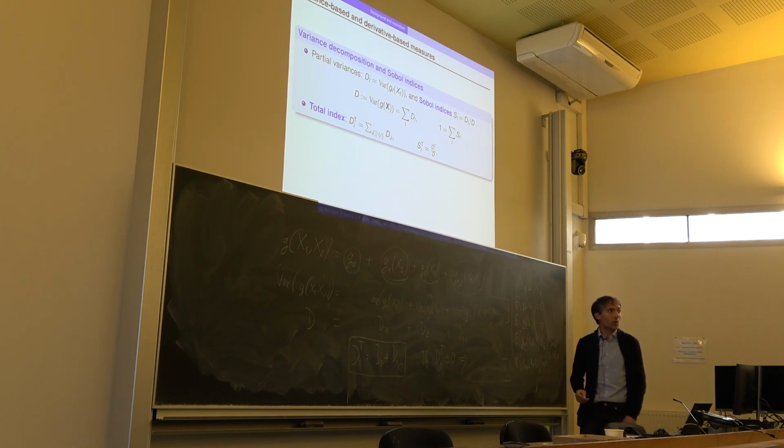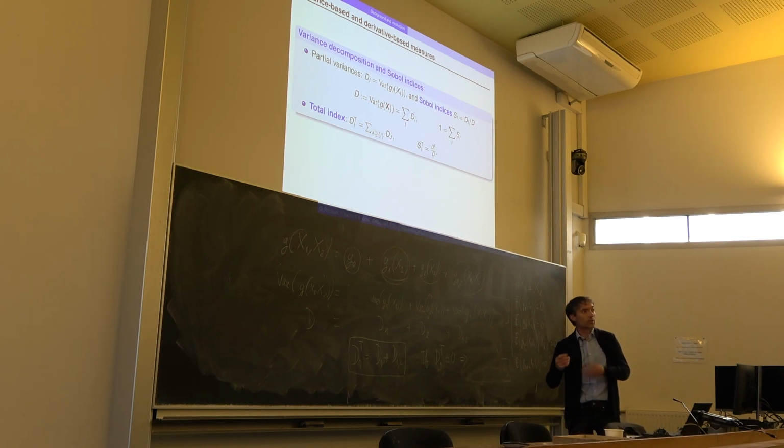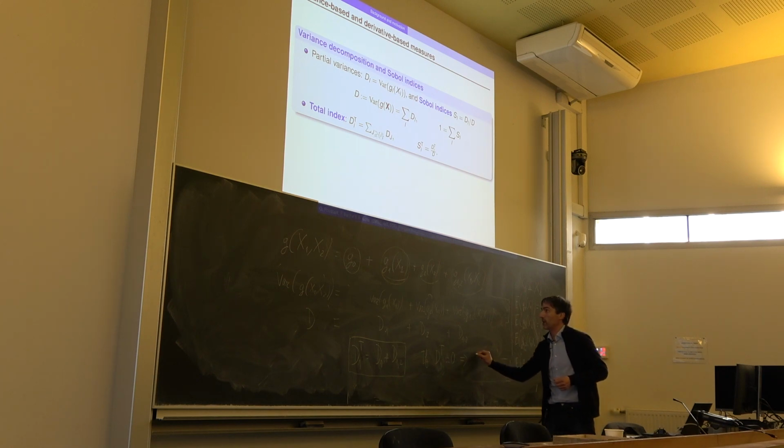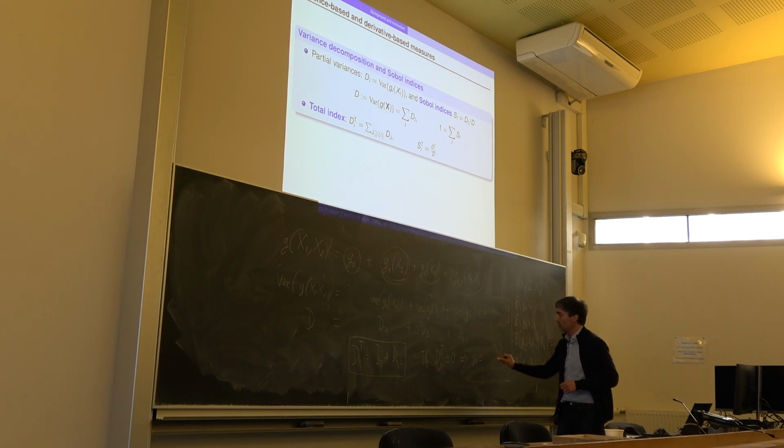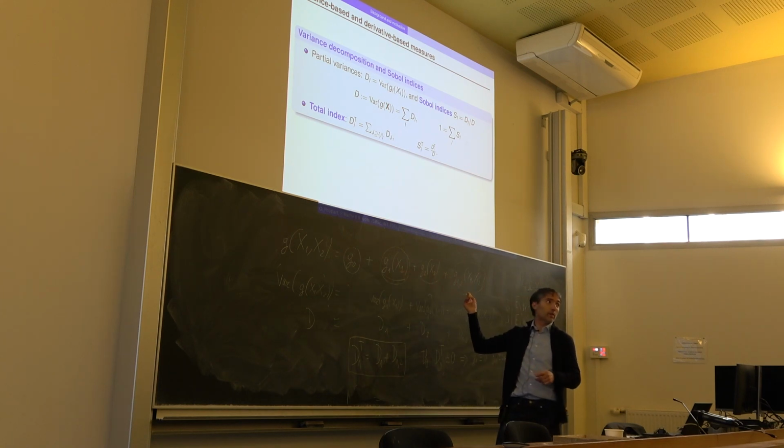Okay? So of course it's true almost surely, but if I assume some continuity or some mild assumption, I will get that G1 is identically 0 and G12 is identically 0. So I will get that x1 does not appear at all.